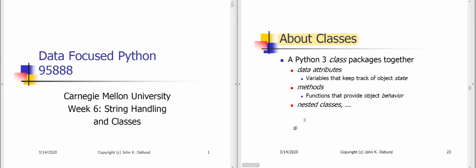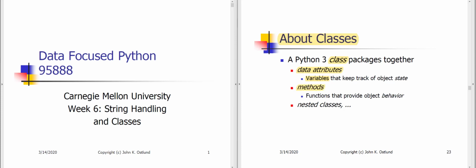What we're interested in doing in this section is to give you a taste of how you can define classes of your own that keep track of some collection of data. These are referred to as the data attributes within each object of the class. A class is like a data type, and an object is a particular instance of that data type. So for data attributes, we have to have variables that keep track of the current state or the current knowledge, if you will, of the current object.